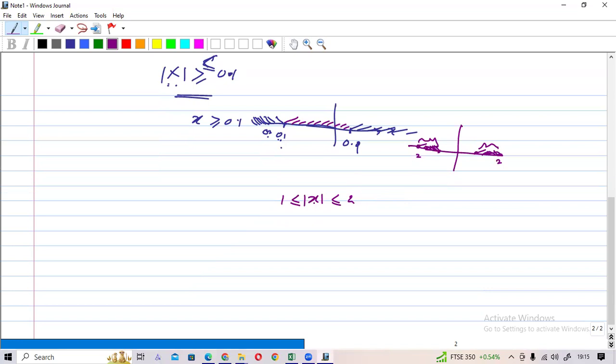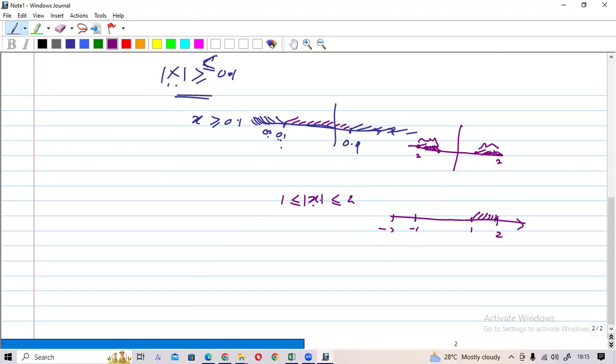So the limits are given. Magnitude x, okay? I will write only the x-axis. Let's say this is 1, 2, and this is -1, -2. Now x is greater than 1, less than 2. Definitely this area is there.